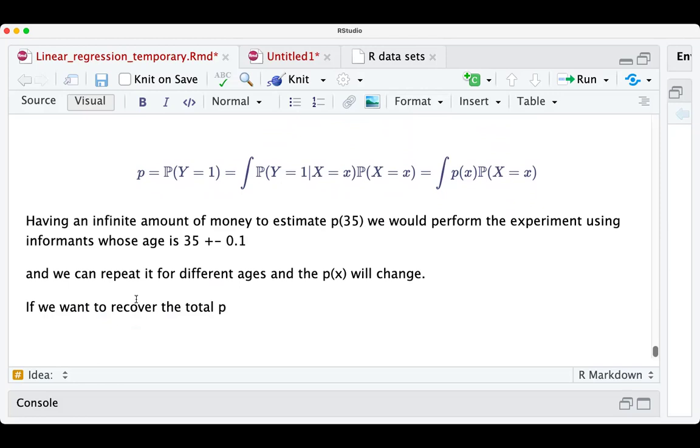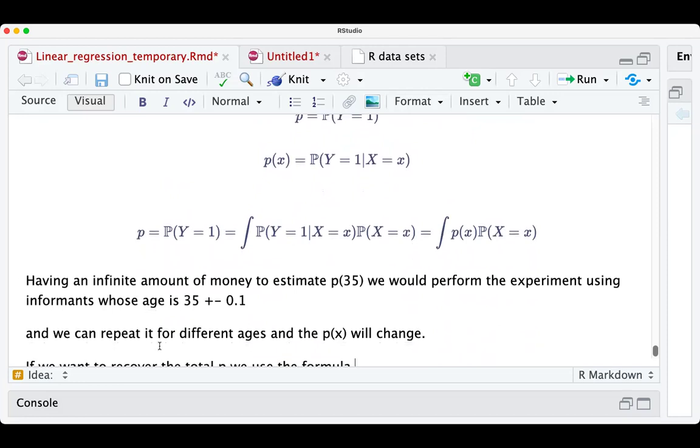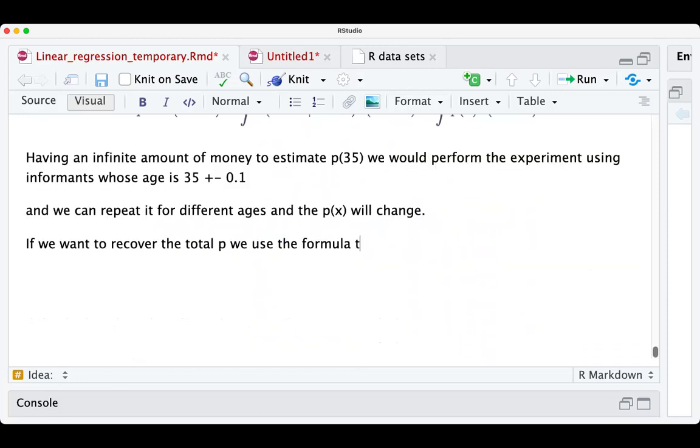Well, we use the formula, this integral formula, which tells that the real p is a sum of, not the real p, sorry, the total p.